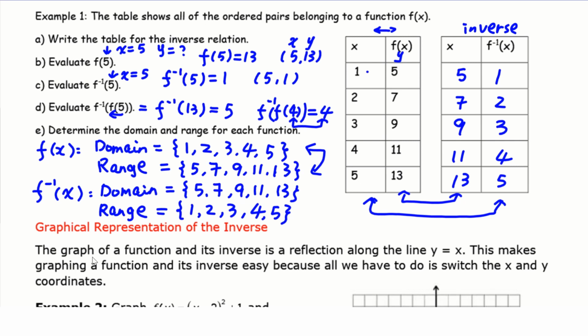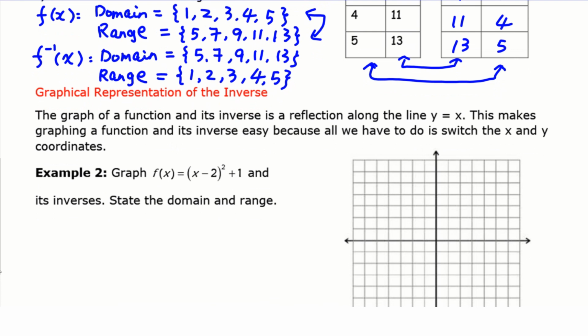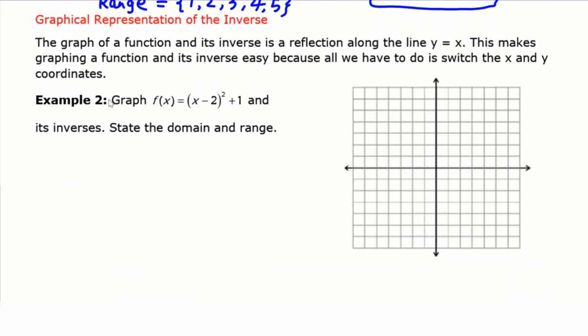So this is table values. Then we are going to see how we can find the inverse function from a graph. For the graph of a function, we are going to just switch the xy coordinate. Then you will have the new graph. So we are going to graph the quadratic function (x minus 2) squared plus 1.